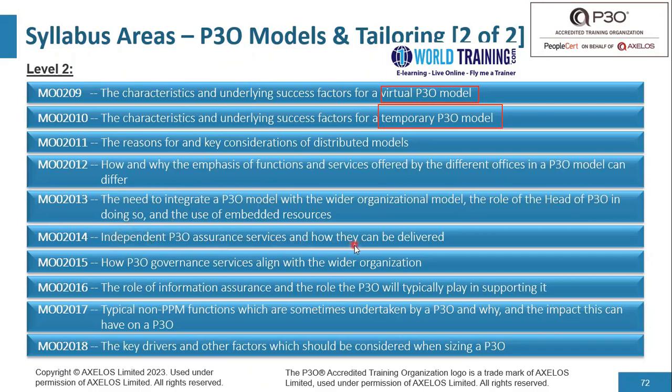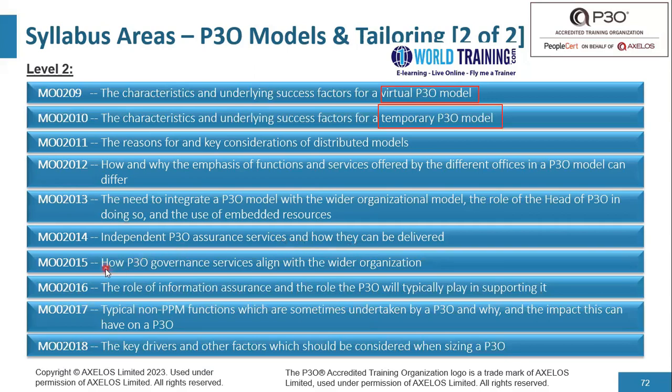Now, remember, when we were considering the idea about the P3O value matrix, P3O not only provides support in terms of enabling the various projects and programs, but it also provides restraining functions. So assurance is a restraining function, provides confidence for the decision makers.